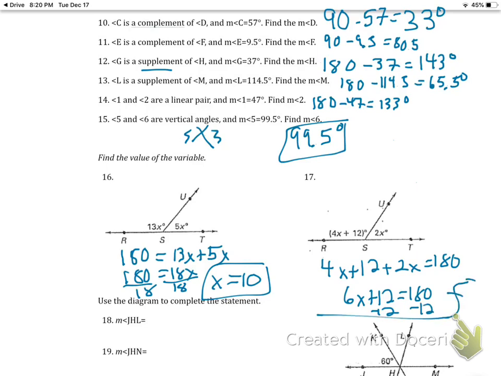So we're going to go 6x equals 168. 168 divided by 6. When we divide by 6, what do we arrive at? Let me grab my calculator out really quick. Okay, 168 divided by 6 gives me 28. X equals 28.